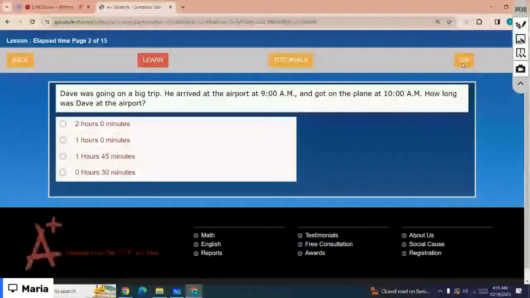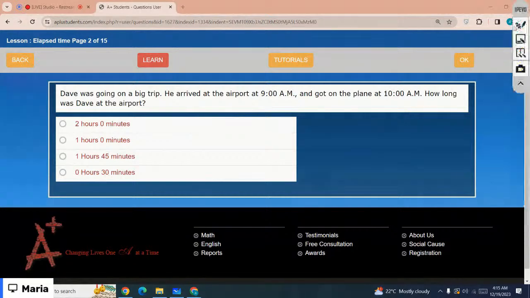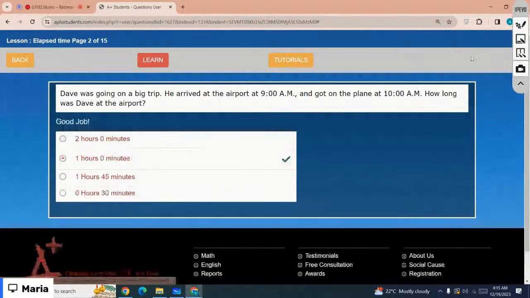So, from 9 to 10, how long is the time? This is the start time, or the time he arrived, right? And this is the end time, or the time he left the airport. So, how long is it? Yes, just 1 hour, right? So that means Dave was at the airport for 1 hour and 0 minutes. Got it?